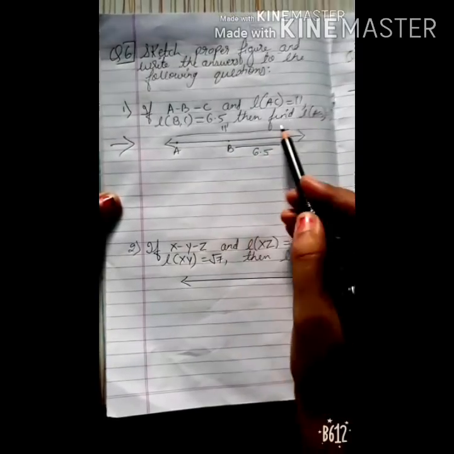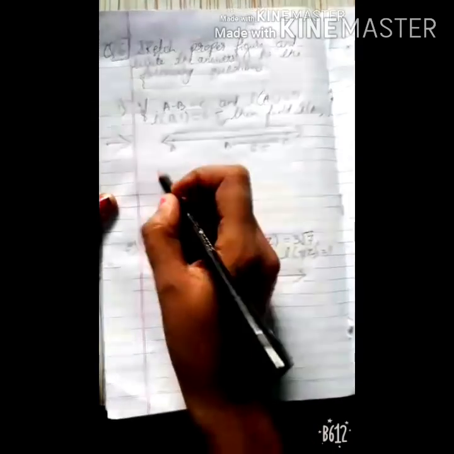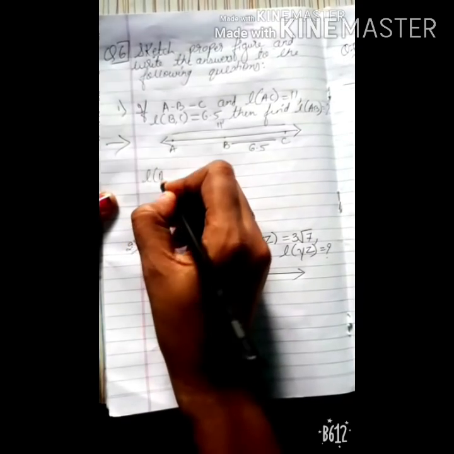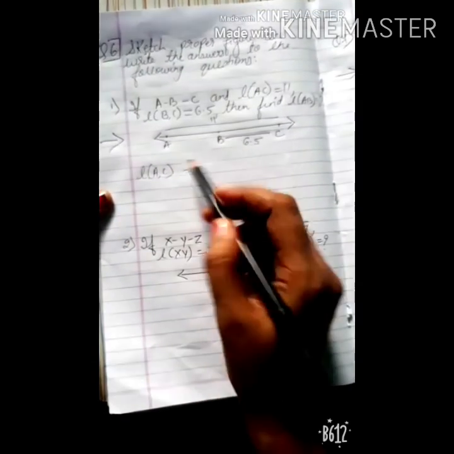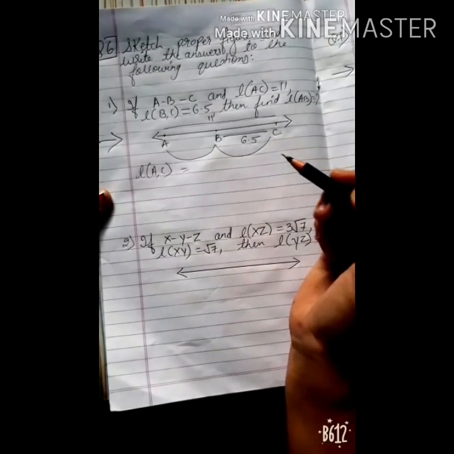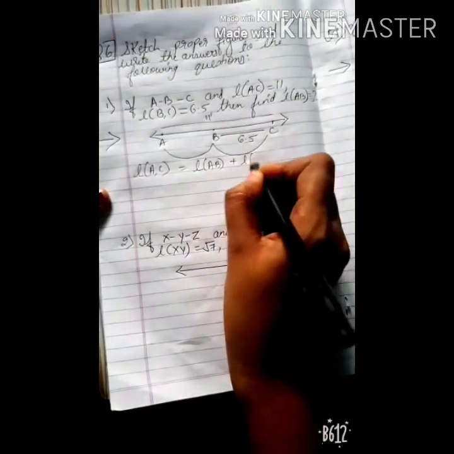We have to find the length of AB. Now, length of AC equals length of AB plus length of BC.